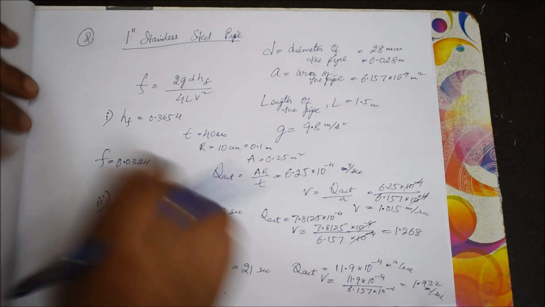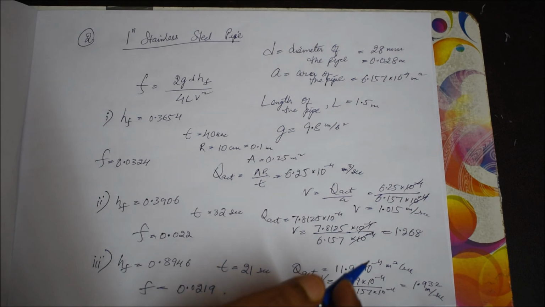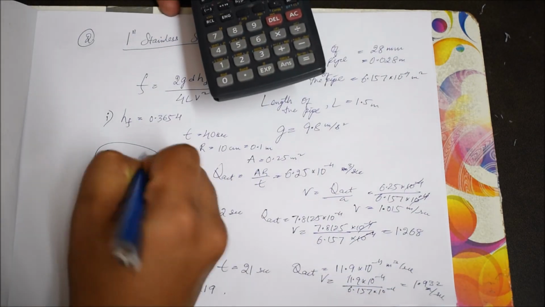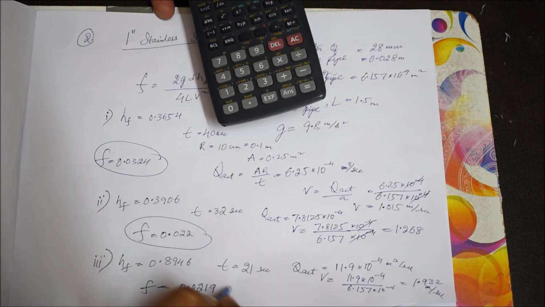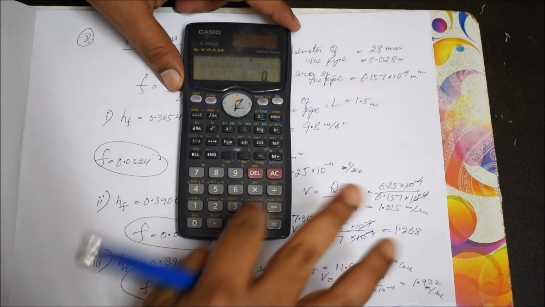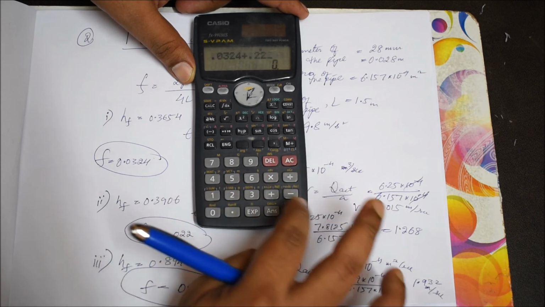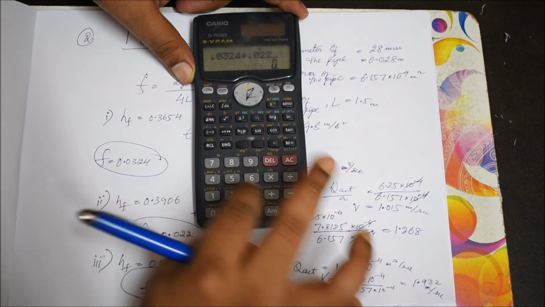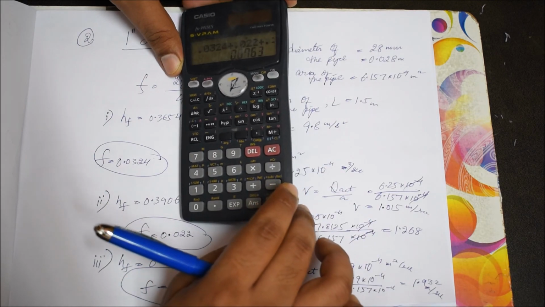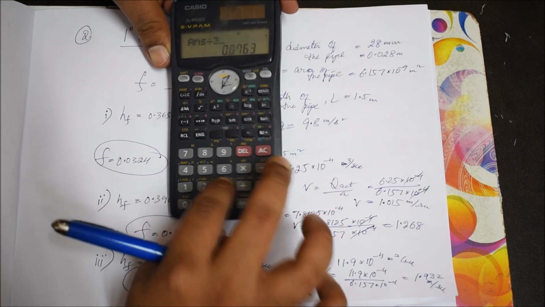Let us calculate average friction factor for 1 inch stainless steel pipe. 0.0324 plus 0.022 plus 0.0219 divided by 3.